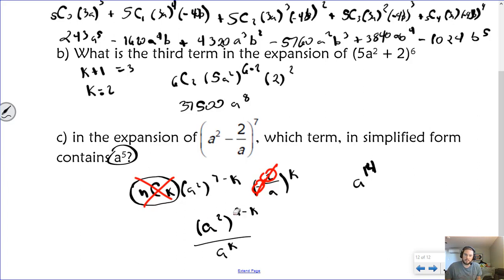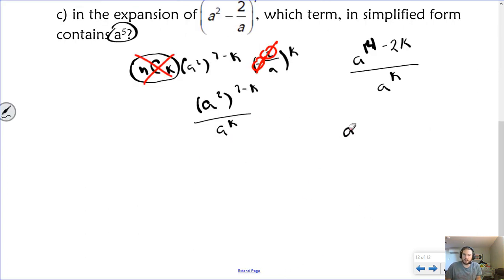So if I expand this, it's 2 times 7 and 2 times negative k over a to the k. Okay, so now, again, these both have the same base. So what can I do with their exponents if they have the same base? I can add or subtract if I'm multiplying and dividing. So this thing simplifies to give me a to the 14 minus 2k minus k.